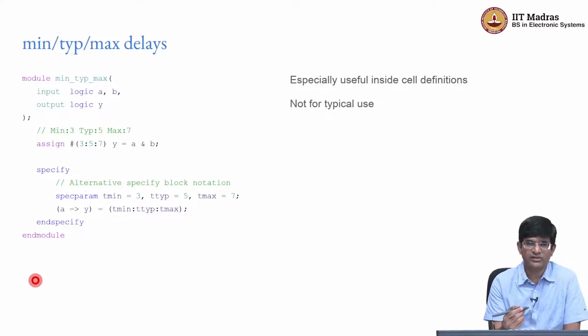There will be scenarios where you do the so-called post-synthesis timing simulations, but you will almost never be creating specify blocks to give these delays on your own. These are things that are created by the people designing the chips themselves, or rather the technology of manufacturing the chips, and then they can be used in order to actually run more accurate simulations.